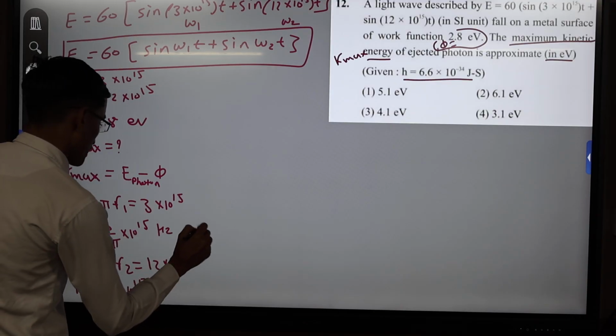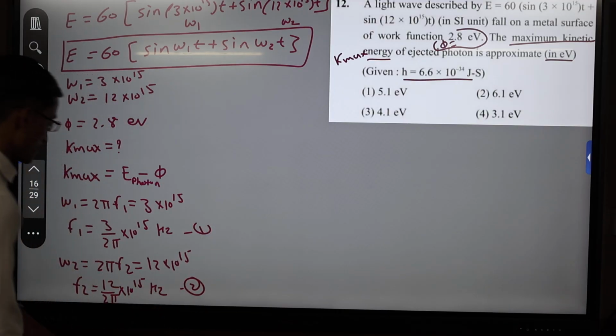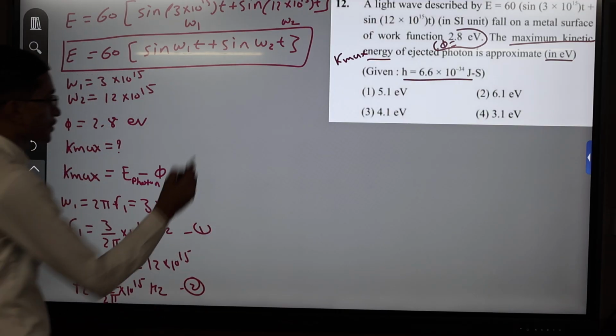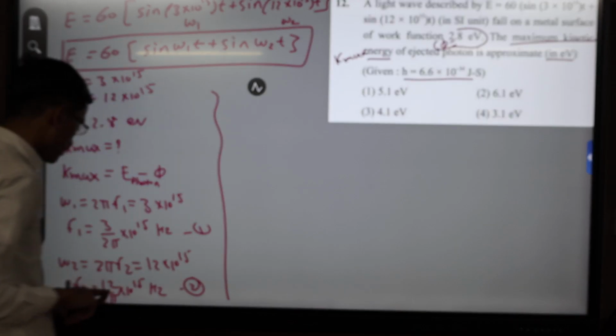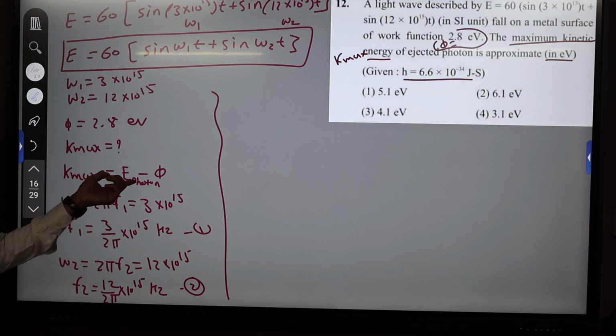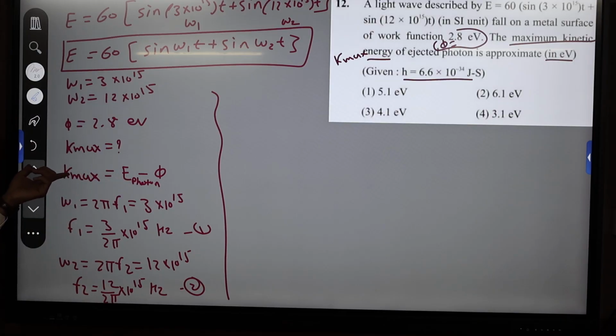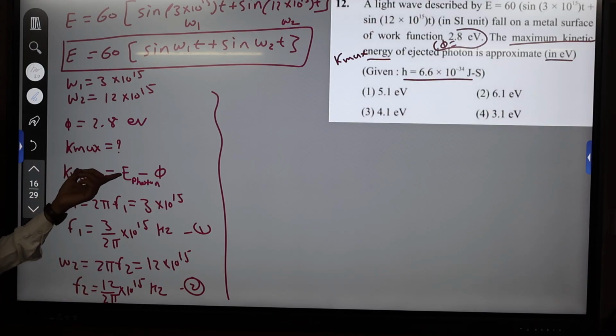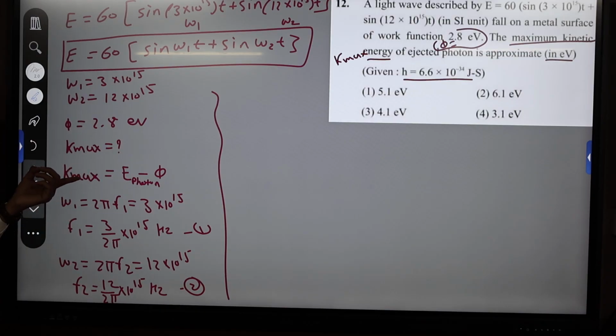So from data 1 and data 2, we can say that frequency f2 is maximum. For this frequency the energy of the photon will be maximum, and if this energy is maximum, then the kinetic energy will be maximum. If we incident the f2 frequency on the metal, then we will have the maximum energy of photon, and from that the maximum kinetic energy will be achieved.